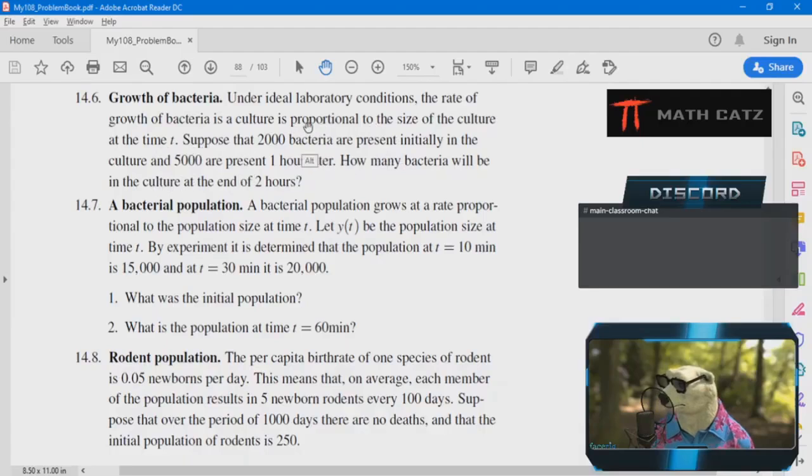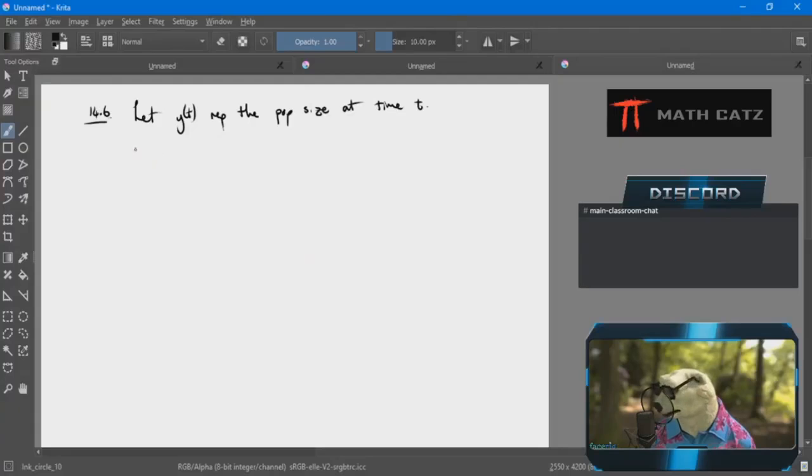I have that proportionality property, and that allows me to say that the rate of change of the population size is some constant times the population size.